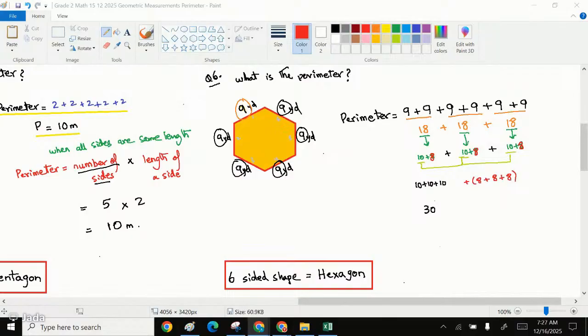We are not only looking at perimeter. We are also looking at how to add different numbers. So 8 plus 8 was 16, and 16 plus 8 would be 17, 18, 19, 20, 21, 22, 23. And what's after 23?